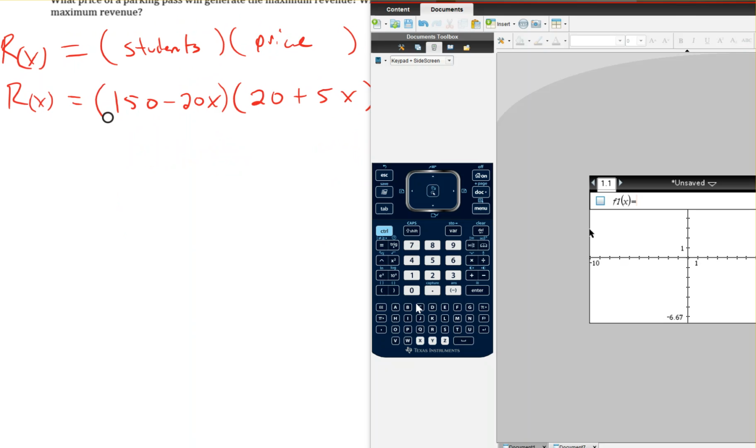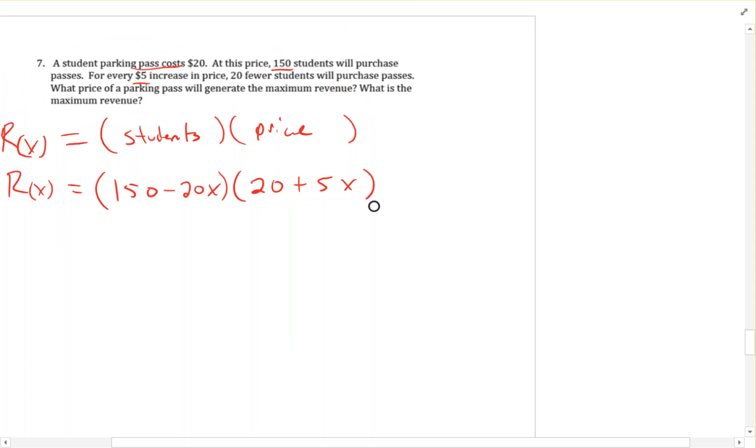All right, so we'll start the bracket, we've got 150 minus 20x, times, start a new bracket, 20 plus 5x. That should be good. Push enter. I can even see the two sides this time, so I just have to go up. Let's get a feel for where we're at for numbers.